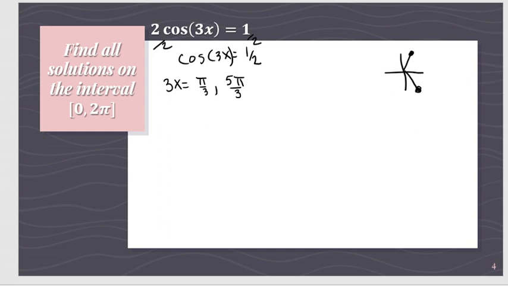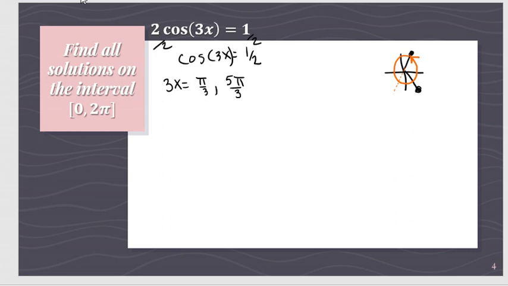So now the question is, could you take and add pi to one of these and get the other one? No, can't happen. So what you're going to do is you would have to get from here all the way back to here, which is 2 pi more, because it's doing loops going around and around, because that's what a sine and cosine curve do. They don't do loops, but they do the cosine curve.